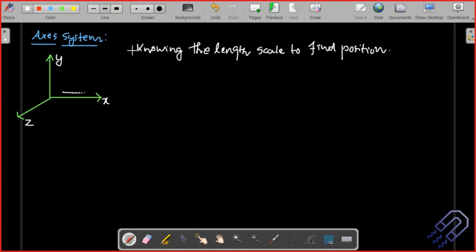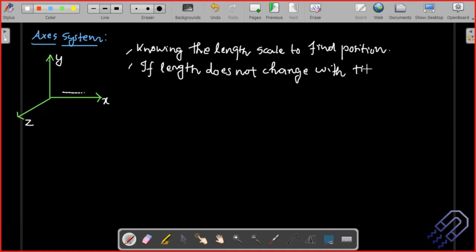So with respect to that frame of reference, if the length does not change with time, it is at rest.